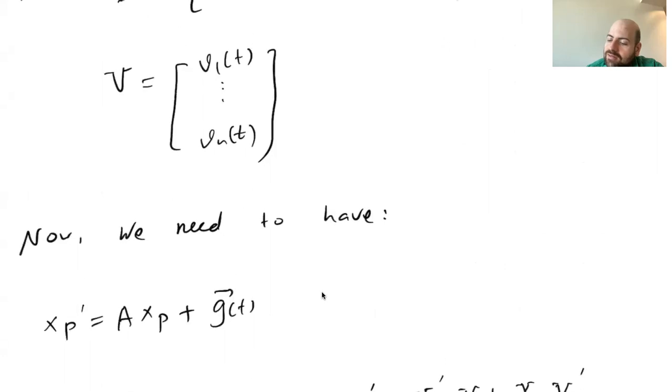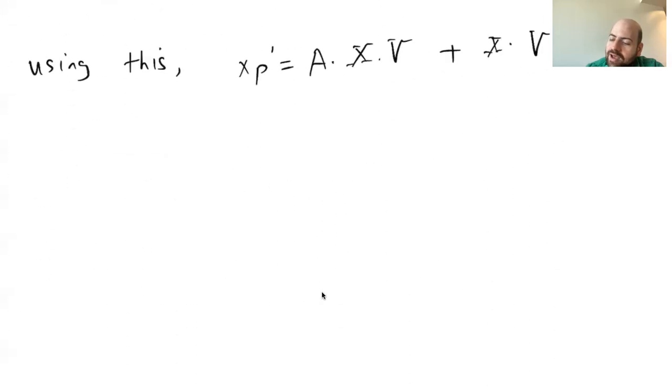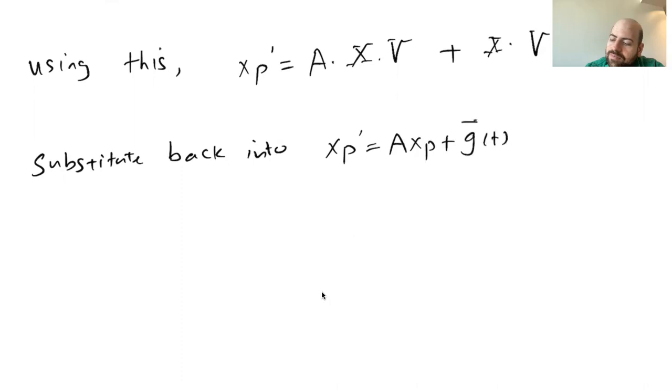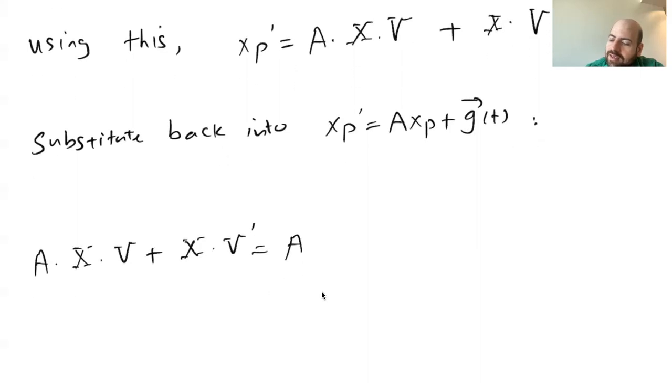Now, if I substitute this back into the equation xp prime equals Axp plus g of t, we get A times capital X times V plus X times V prime equals A times xp, where xp was capital X times capital V, plus g of t.